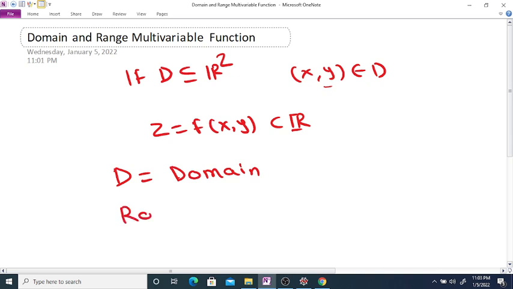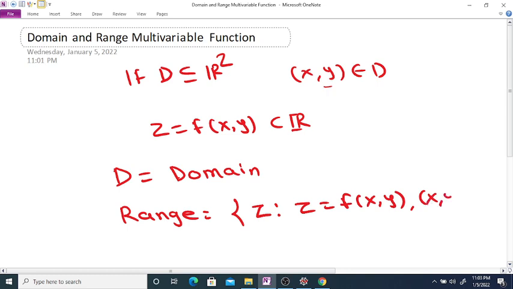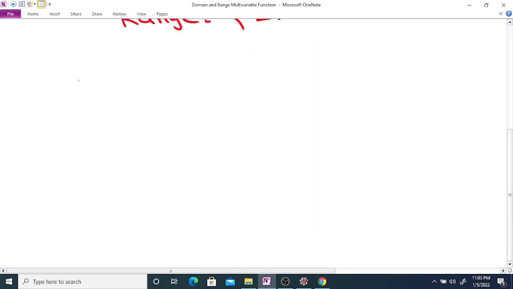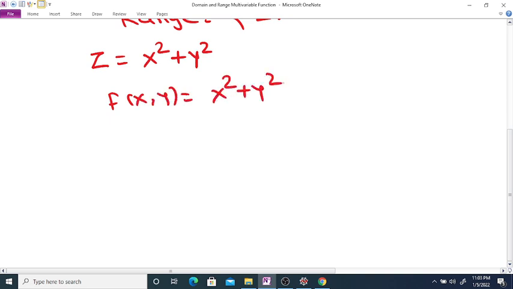the range is nothing but the collection of all z such that z is equal to f of (x, y) for (x, y) in D. So if we consider a simple example, say z is equal to x square plus y square, or f of (x, y) is equal to x square plus y square, then the domain of this function is defined everywhere.